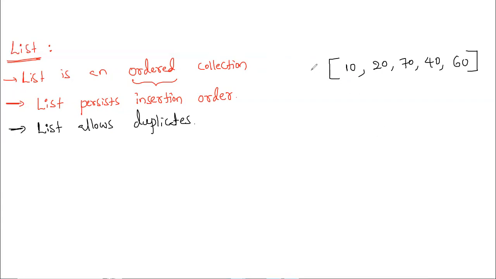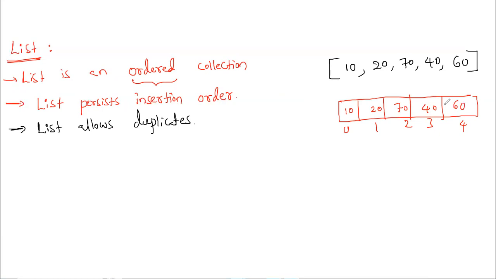If these are the elements you are trying to store into the list interface, in which order will the elements be stored? It's in insertion order. It means somewhere in the collection some order has to be maintained. So the corresponding index positions 0, 1, 2, 3, 4 for 10, 20, 70, 40, 60 will be stored internally. Since it's an ordered collection, that order is nothing but the programmer's insertion order.